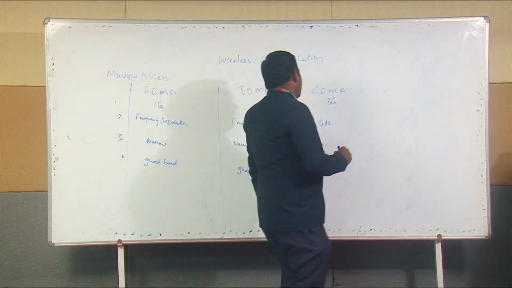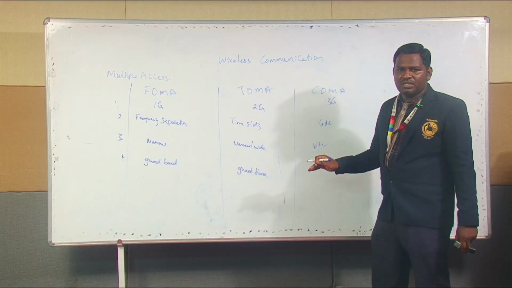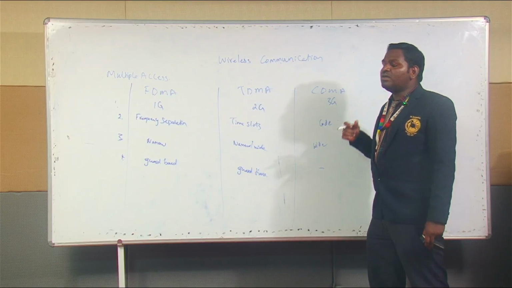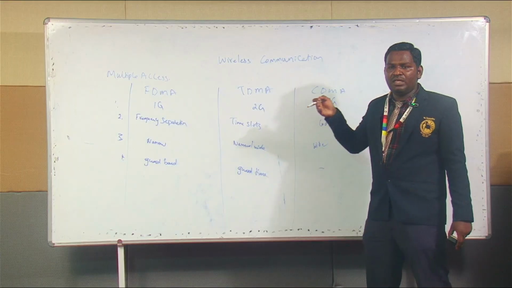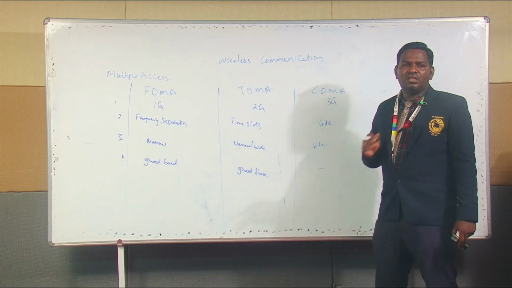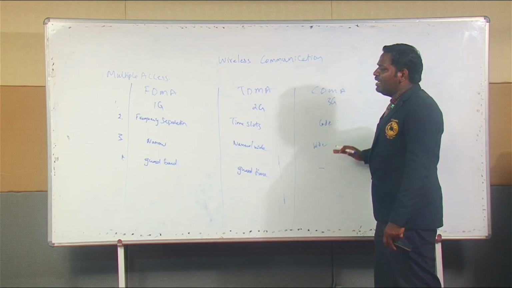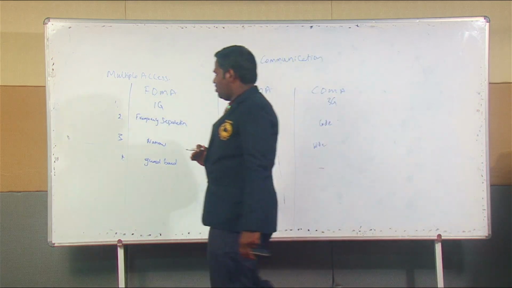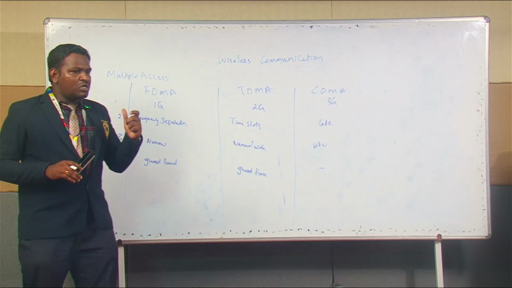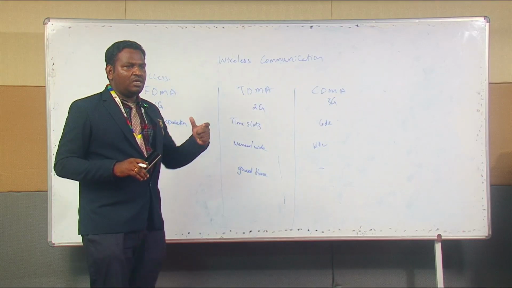In CDMA, there are no special cases, but the orthogonality of the codes is discussed here. The PN sequence, as I told you, is like Hindi and Tamil: if you are listening to Hindi, you should not listen to Telugu or something like that. That is said to be orthogonality of codes, which should be maintained for better communication. Next one is synchronization. Synchronization means a particular user should know about the usage of other users in a particular network area.